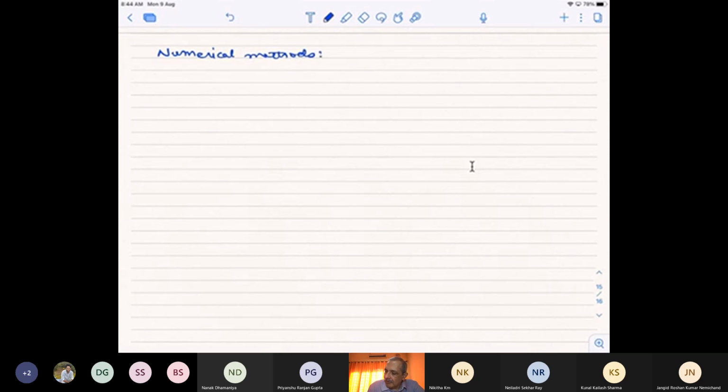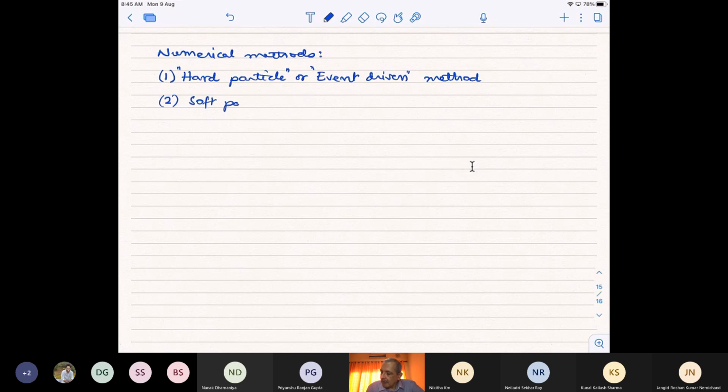For this, one is called the hard particle or event-driven method, and two is the soft particle or discrete element method.